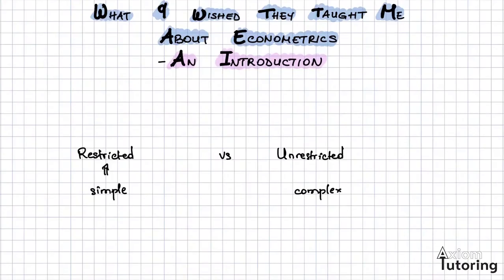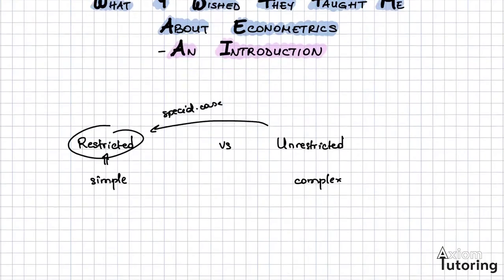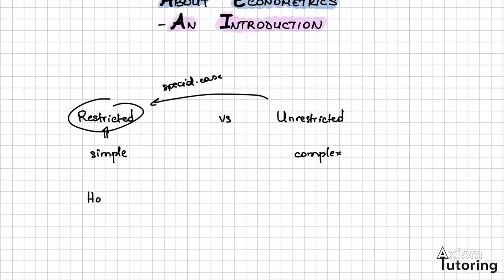In a sense, you can think of this restricted model as a special case of your unrestricted model, and the null hypothesis being that the restrictions are true.